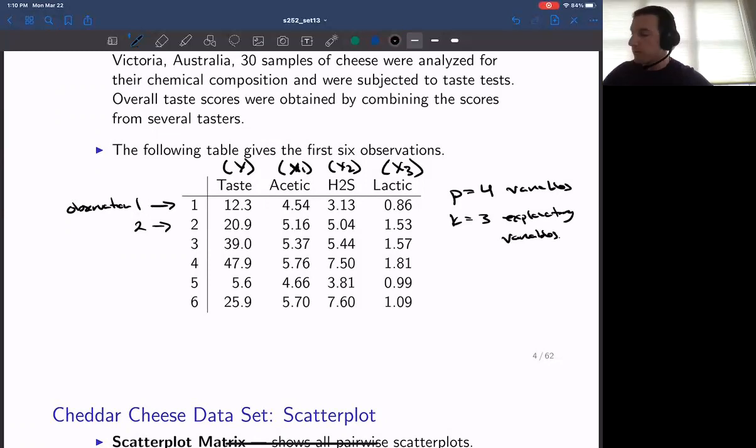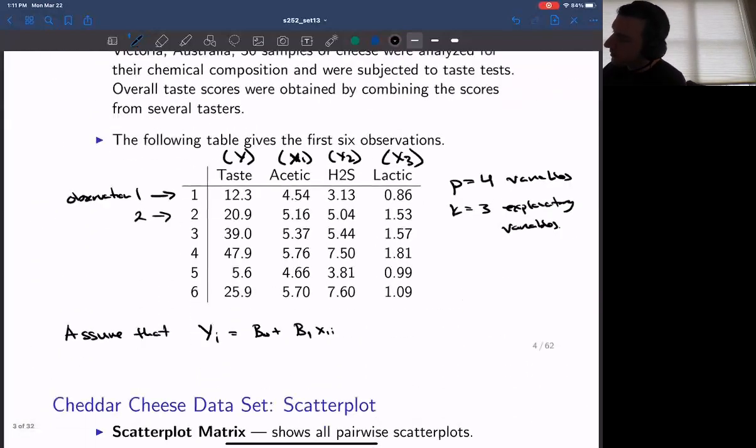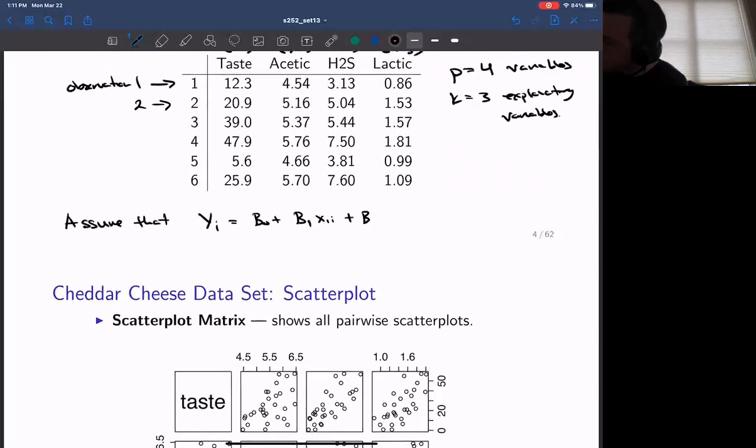Now, the assumption that we are making here is that we can fit the model: yi is equal to beta 0 plus beta 1 x1i plus beta 2 x2i plus beta 3 x3i plus epsilon i.